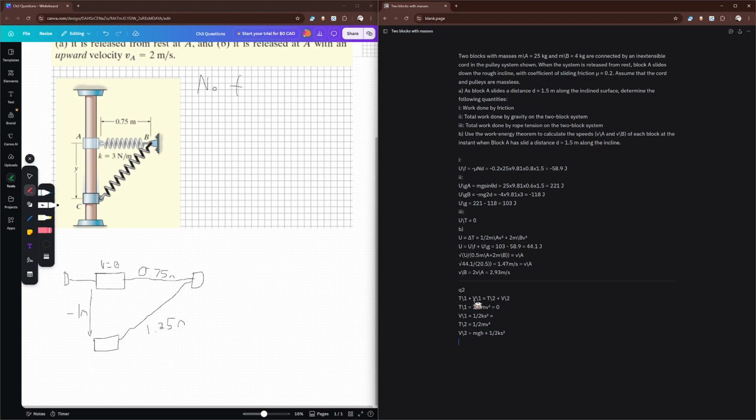So plugging these all into this equation, we get half ks squared, with where s here is 0.75. And then we have that, what else we have, is equal to half mv squared plus this term, right?